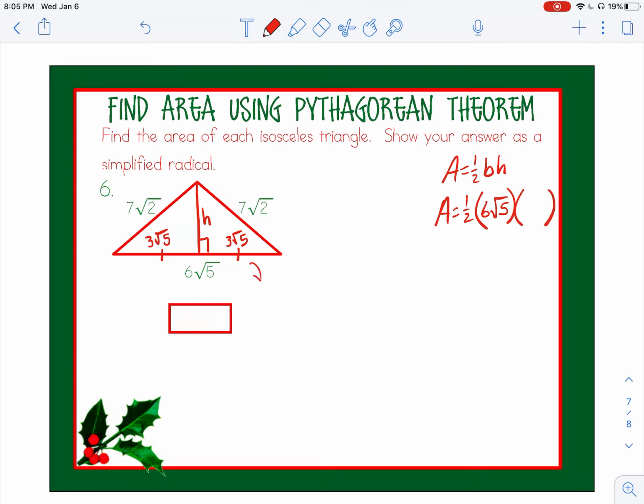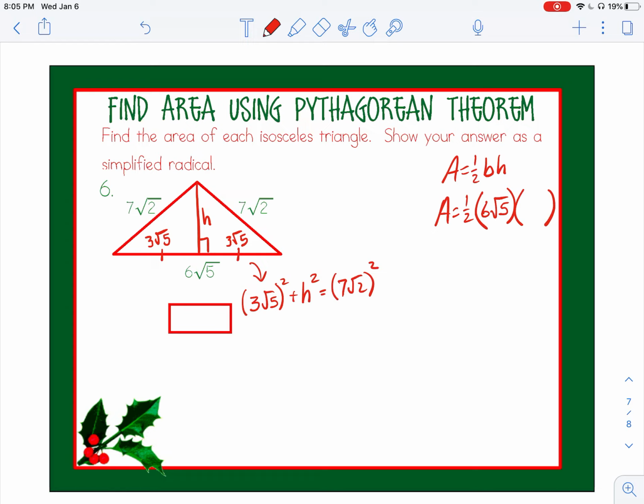So for just half the triangle, we're going to do Pythagorean theorem. We're going to take one leg and square it. The other leg, square that, add them up, and that's going to equal the hypotenuse squared.